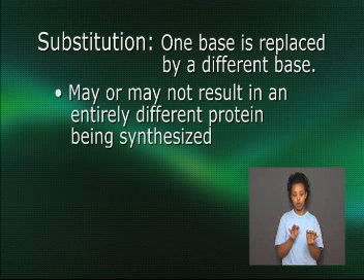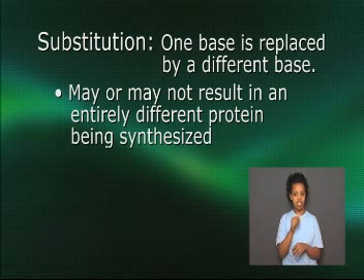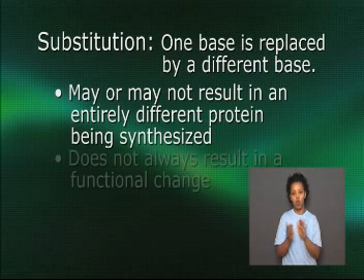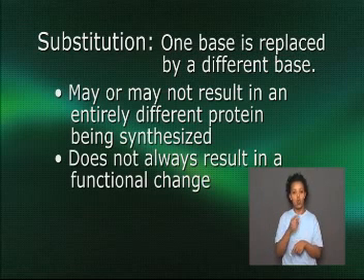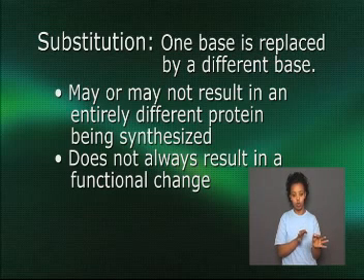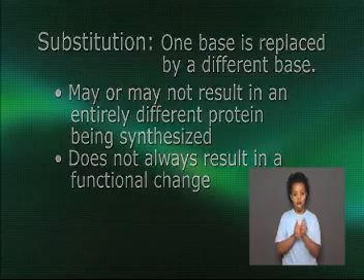Substitution may or may not result in a different protein being synthesized, and the new protein may or may not be significantly different from the original. Thus, substitution does not always result in a functional change.